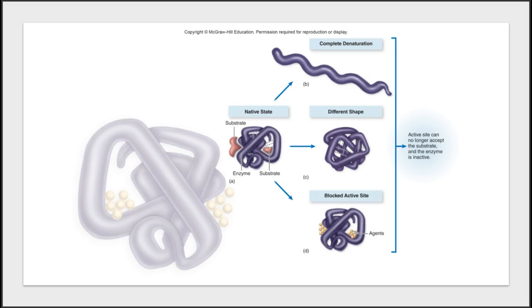The other way is to block the active site. Certain agents are actually going to bind to the active site, similar to competitive inhibition, and those agents are going to remain on that active site. The normal substrate will not be able to bind to those active sites, and the action of the enzyme has been stopped.